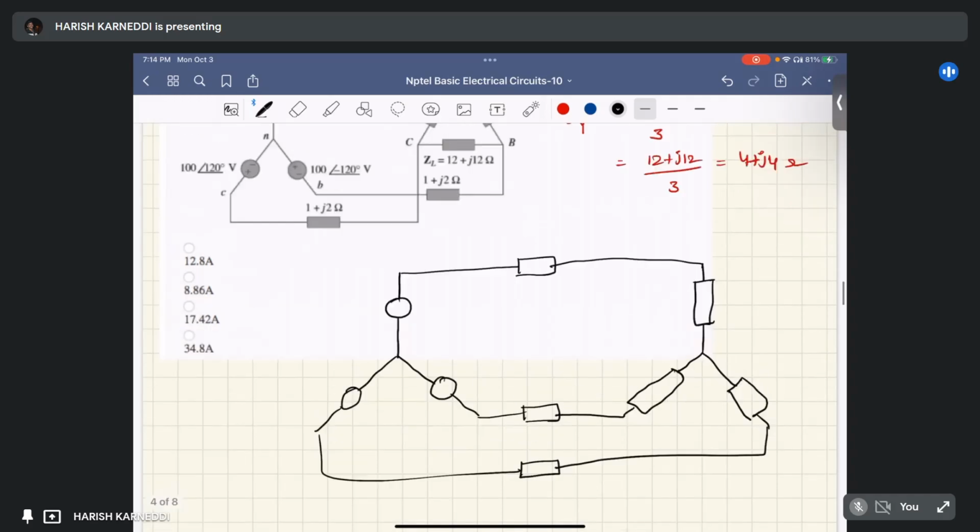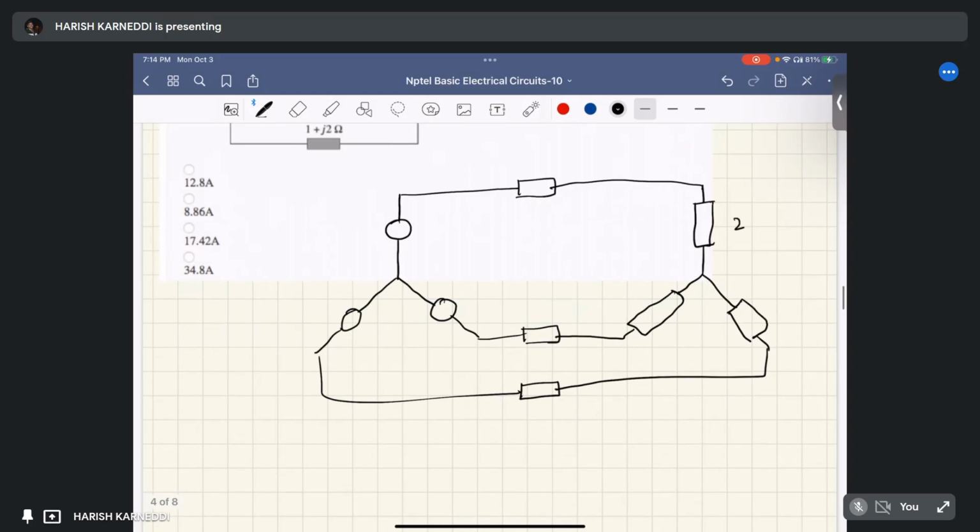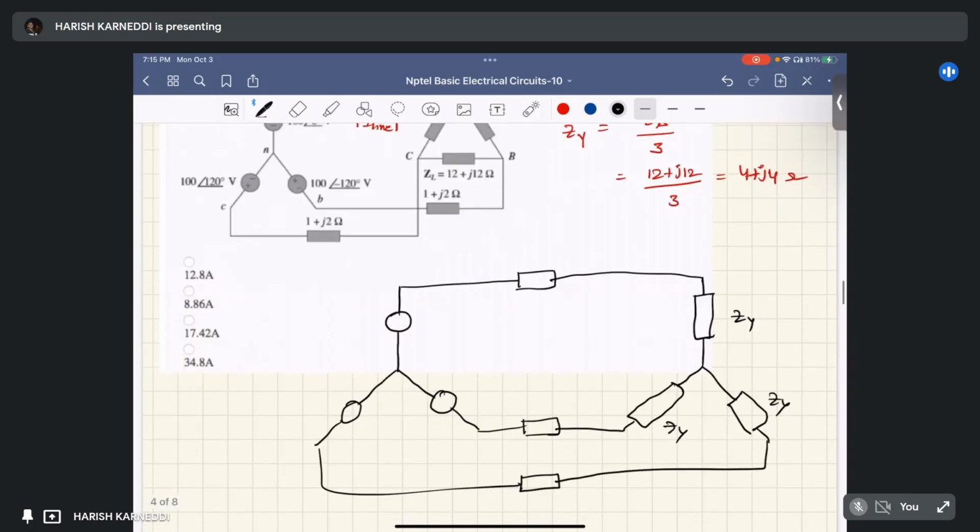Okay, this is Z star, Z star, Z star, and this is Z line equal to 1 plus j2 ohm. What we need? We need the current flowing through this particular line. So here the voltage is 100 at an angle of 0 degrees. Here this source is balanced and load is balanced.